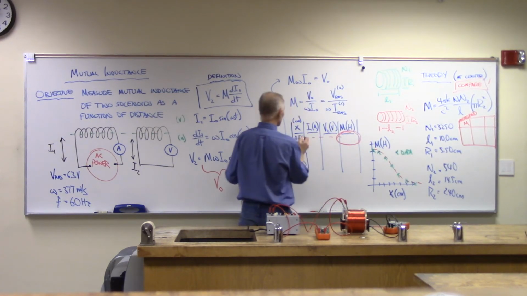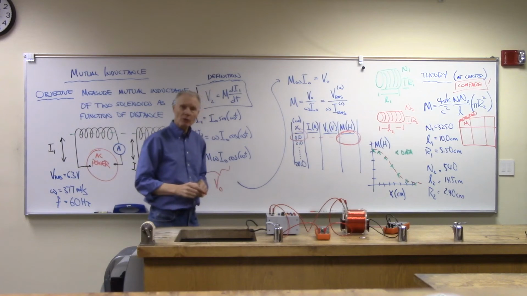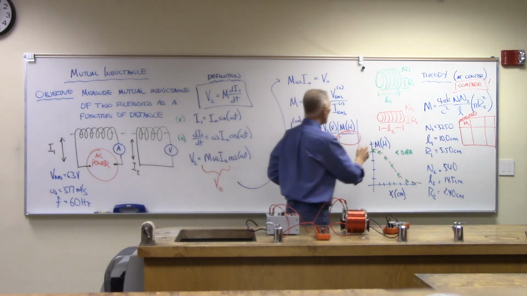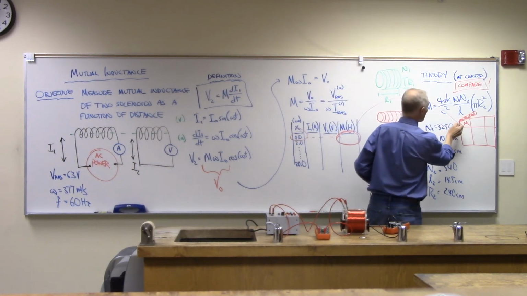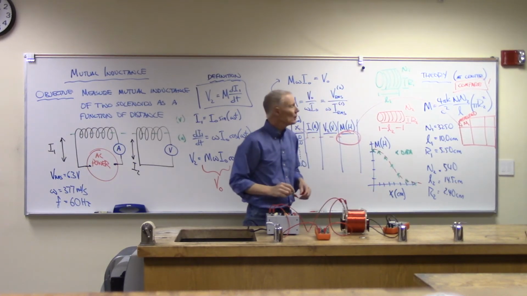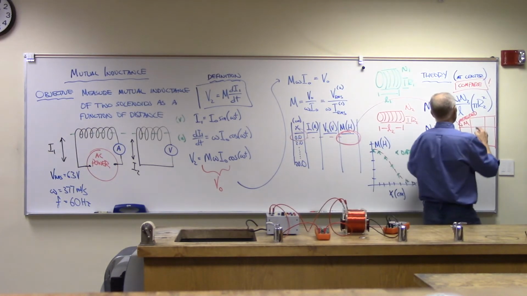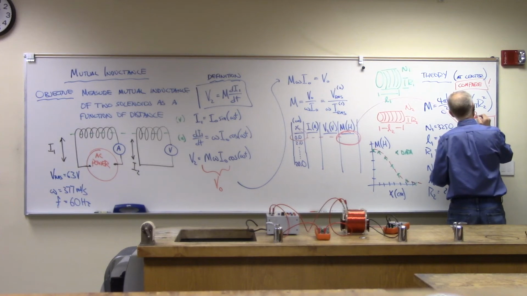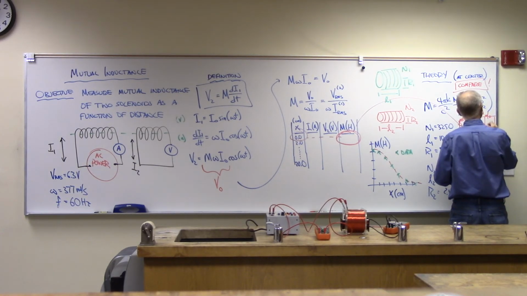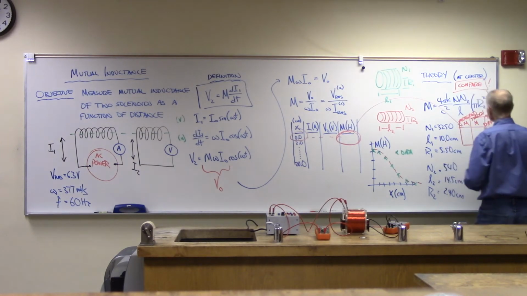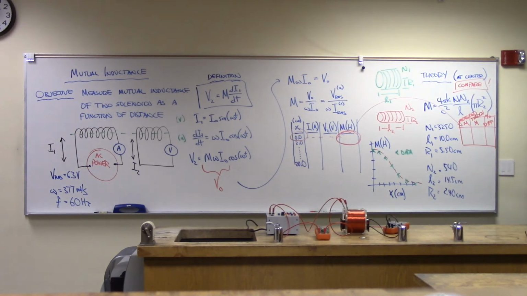The measurement that corresponds to complete overlap of the two solenoids is the one that's going to get compared with theory. So there's going to be a measured value for M, a theory value for M, and a percent difference. Okay, I fit the data table in there, just barely though.